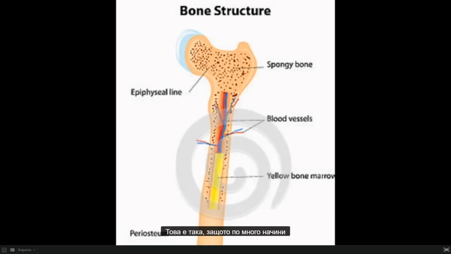This is all because in so many ways the body doesn't want to exist after a point. And the emotional part guarantees that through the bone, through the red cells, through the white cells, through the immune system, which is kept in the safe.